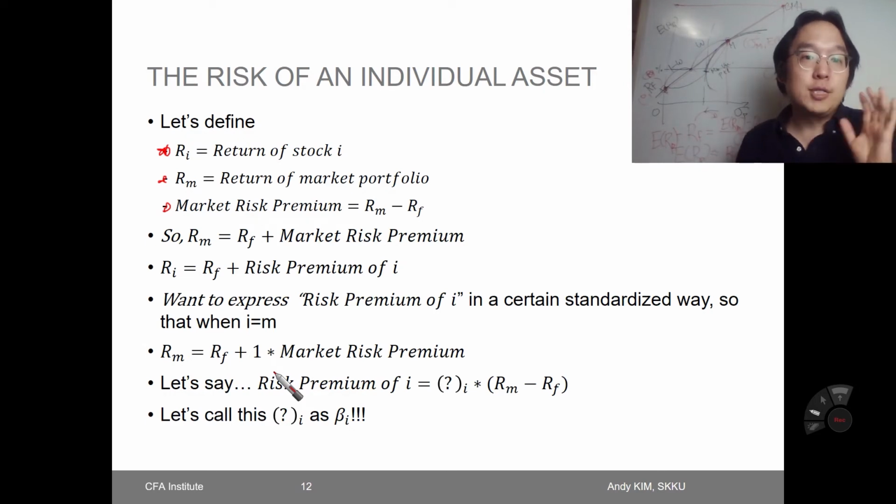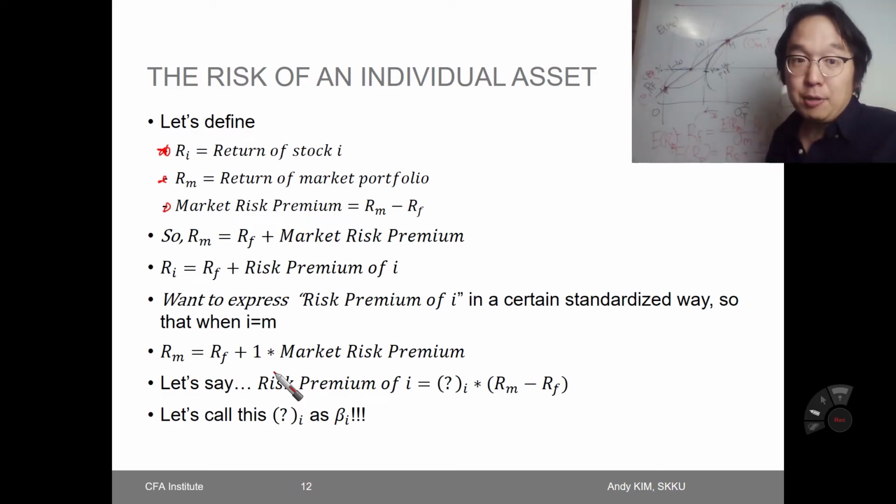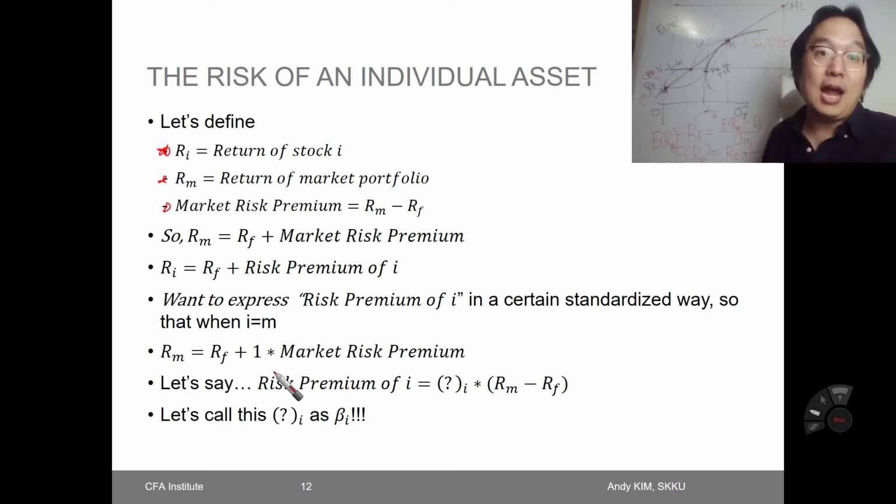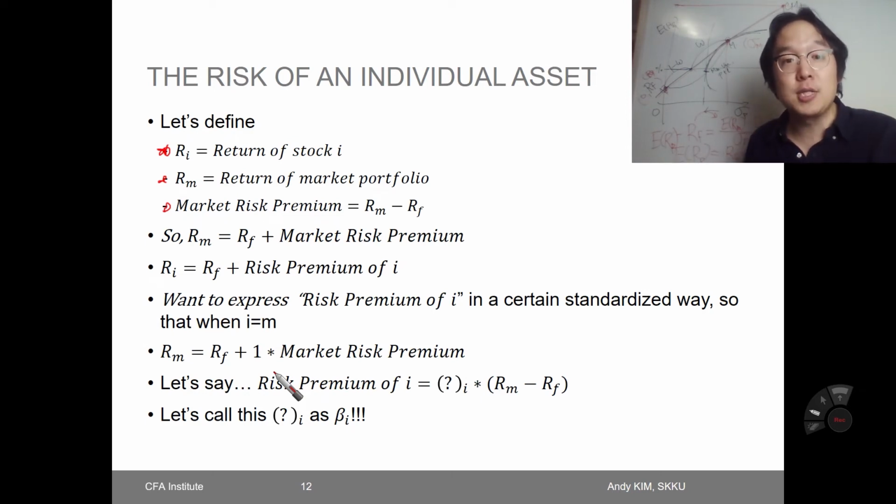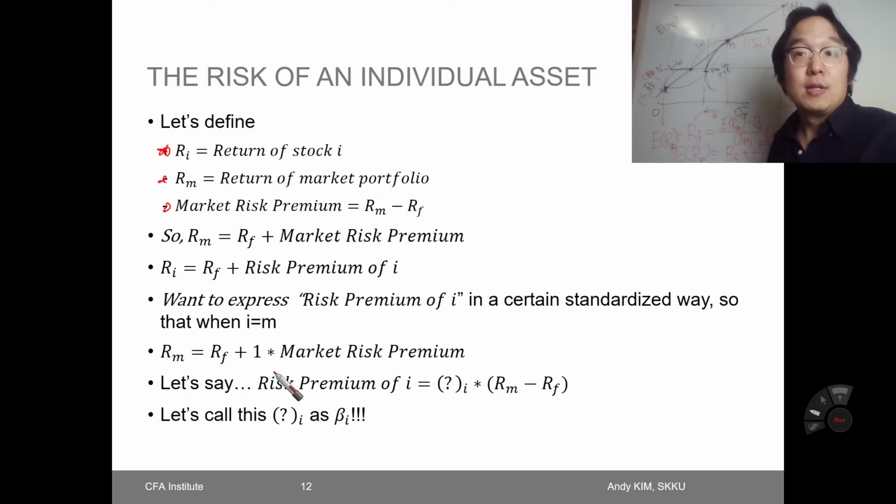So required rate of return for security I should be risk-free rate plus risk premium of I. Same intuition, okay, risk premium of I instead of market risk premium. And then we want to express risk premium of I, Tesla, in a certain standardized way, so that when I equals M, RM should be equal to RF plus 1 times market risk premium.